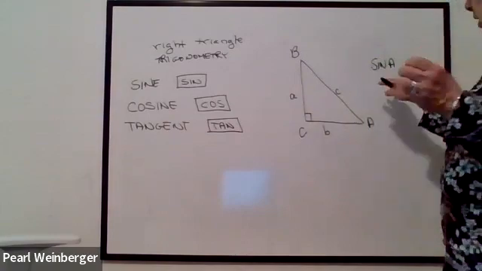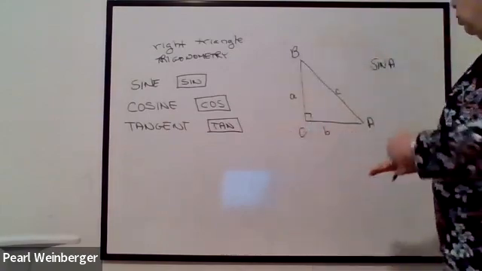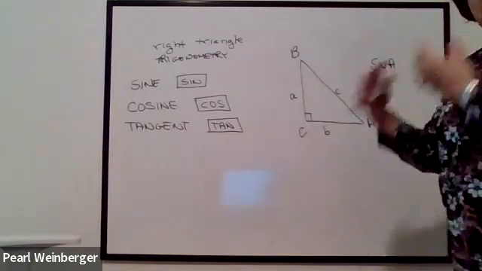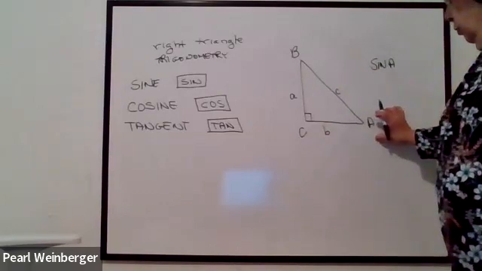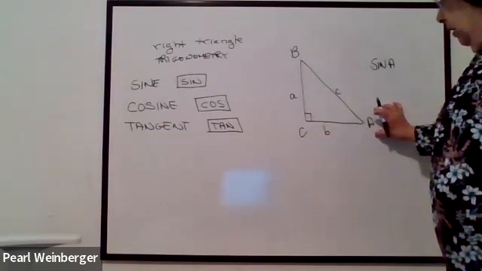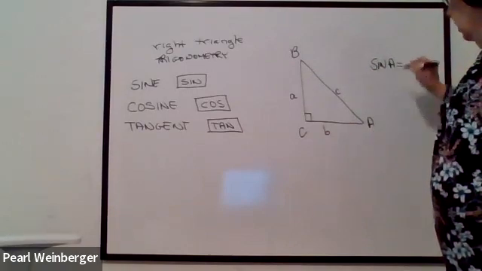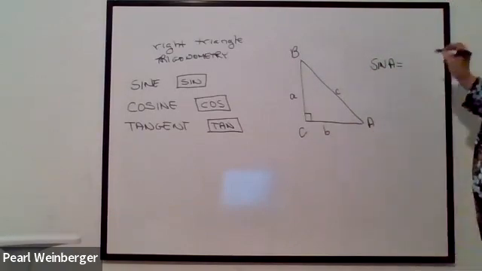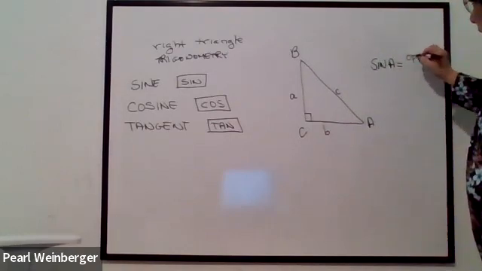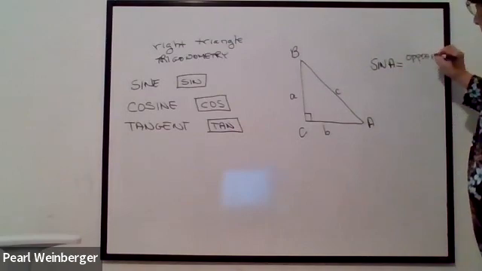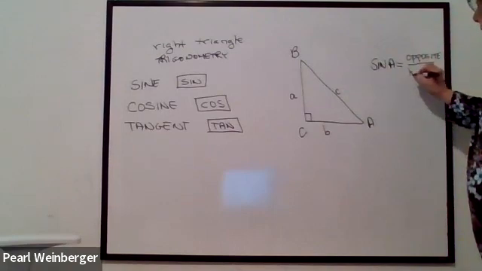So it's never going to be just sine alone. It's going to be sine A or sine B or sine C, whatever your angle is. I'm going to specifically talk about A. The sine of A is defined as the ratio of the opposite side to the hypotenuse.